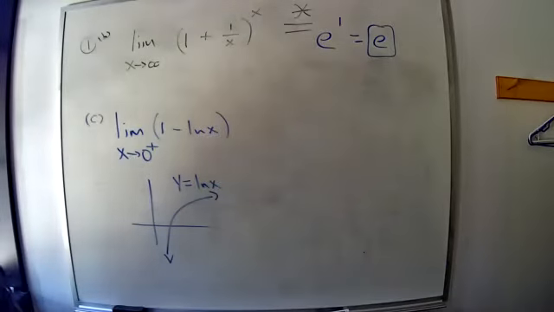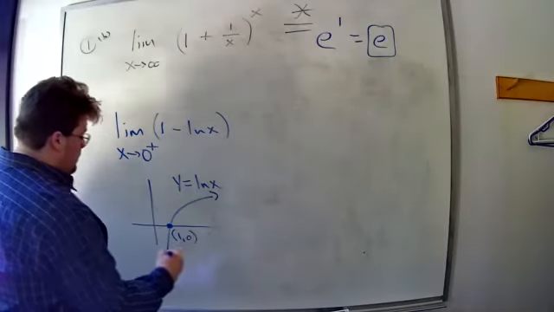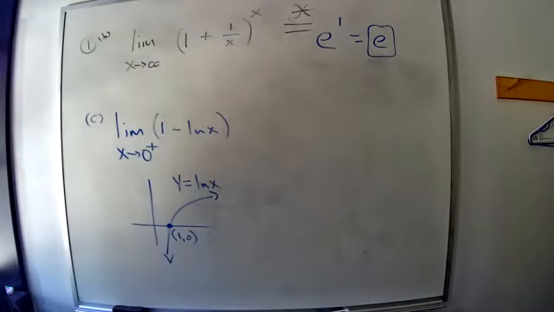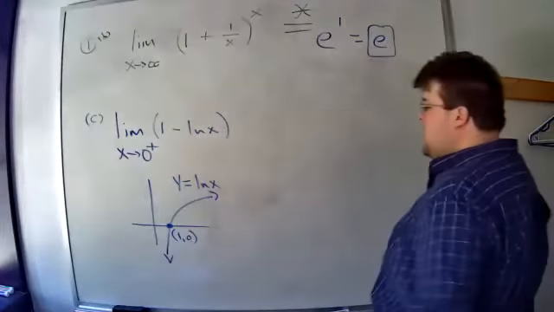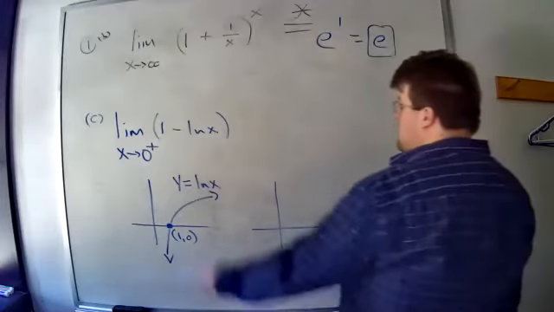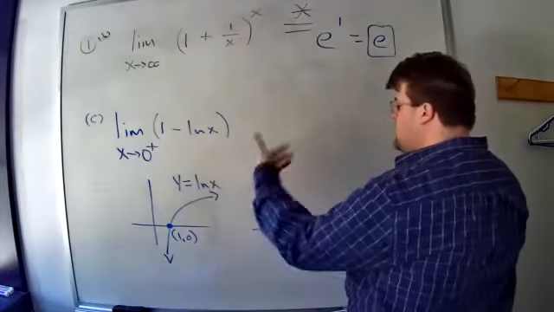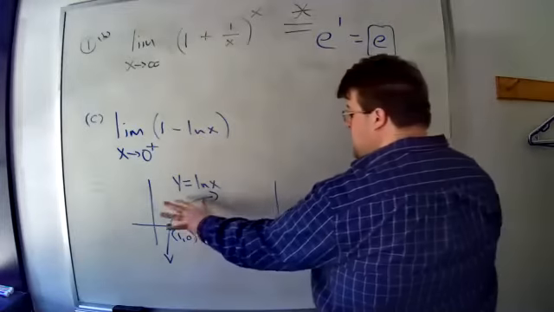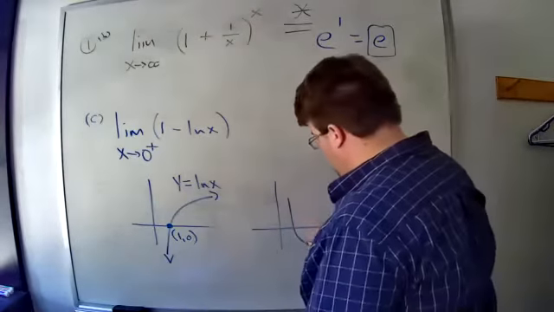y equals log x looks like that. e to the 0 is 1, so this will go through 1, 0. And how can we use this to find a graph of 1 minus log x? Well, first, throw a negative on that. It takes all y values and makes them negative, meaning it'll flip over the x-axis.